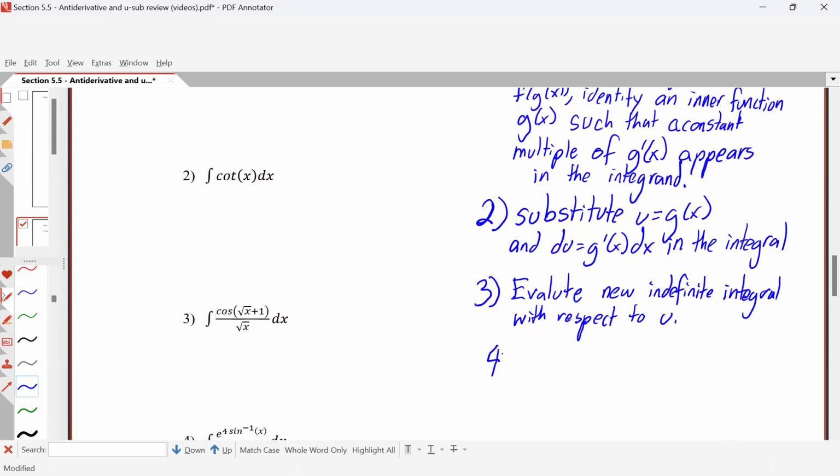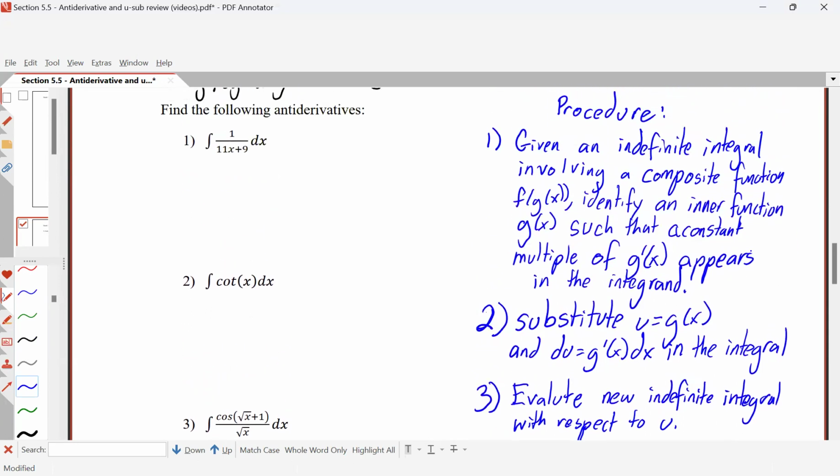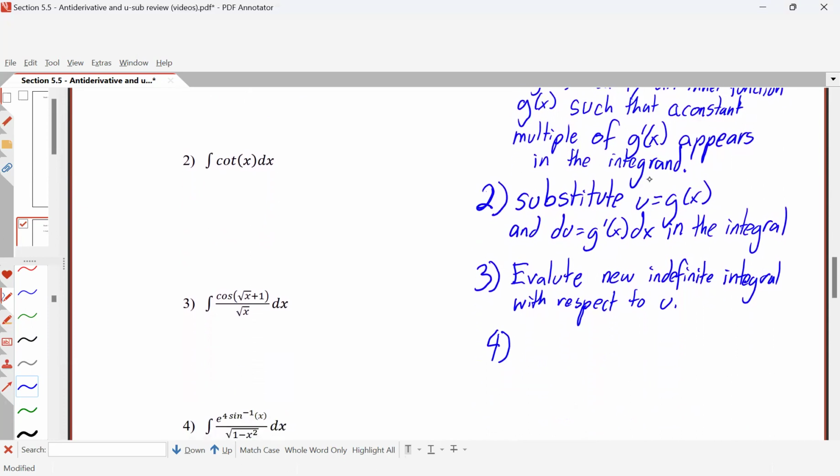And finally, step 4 is we have evaluated the integral, but our antiderivative is in terms of u. We are trying to find the antiderivative of something in terms of x. So we need to put it back in terms of x, which is just taking all those u's and putting g of x back in.